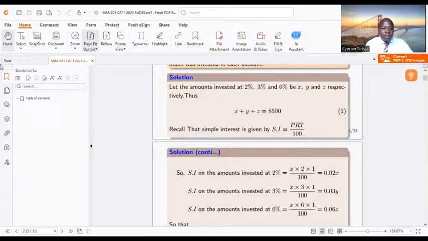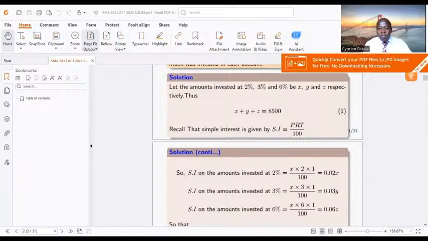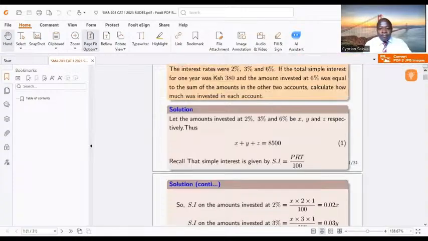That is the interest. And what does the question say about the interest? Let's just go back and see. The question says that the total interest after 1 year was 380.